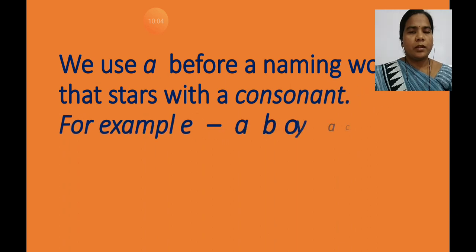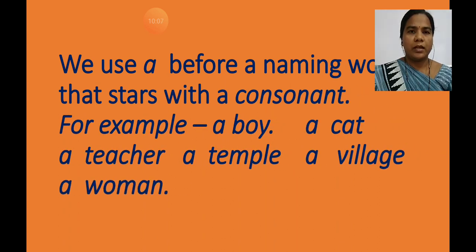Now children, we learnt when we should use an. Now we will learn when we should use a. Try to read with me. We use a before a naming word that starts with a consonant.